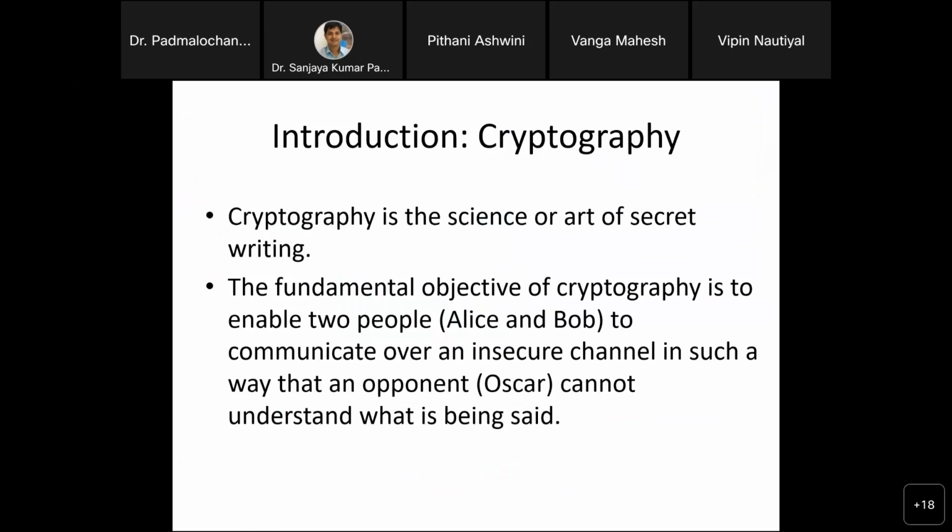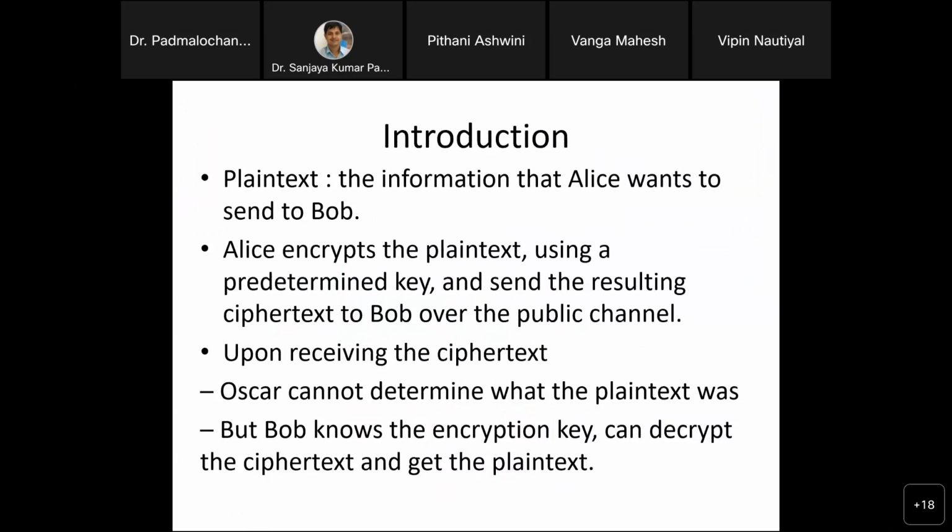So as we know, in cloud, data owners or various stakeholders usually store a large volume of data, and they provide access to their customers as and when required.